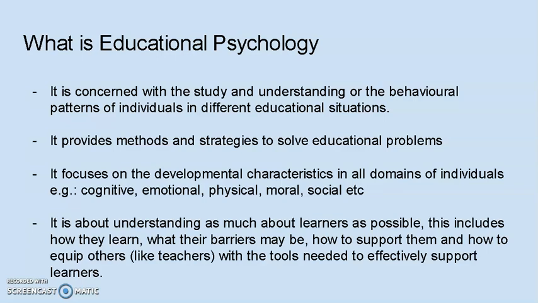It provides methods and strategies to solve educational problems, and of course, very importantly, as we will cover in the last unit of this module, it looks at the various developmental domains and milestones within individuals, and specifically for us within children. So we'll be looking at 0 to 18 years old. So we'll look at the cognitive domain, emotional, physical, moral, social, etc. There are lots of domains, but we'll be picking certain ones which I feel need focus for us right now.